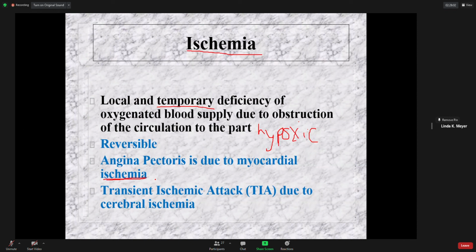And they may just be briefly confused for a couple seconds. But then the oxygen resumes coming to the brain and they don't end up having a full-blown stroke.